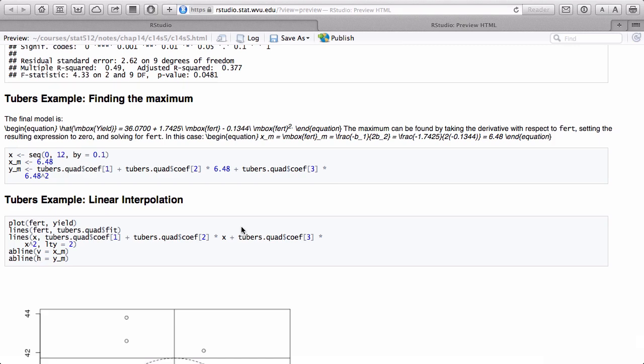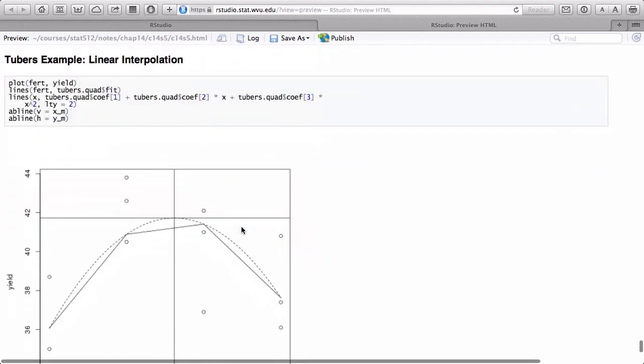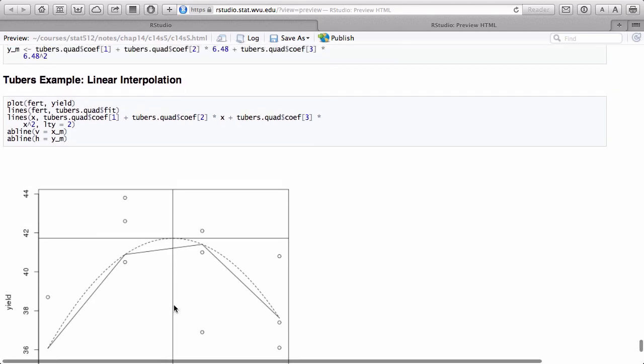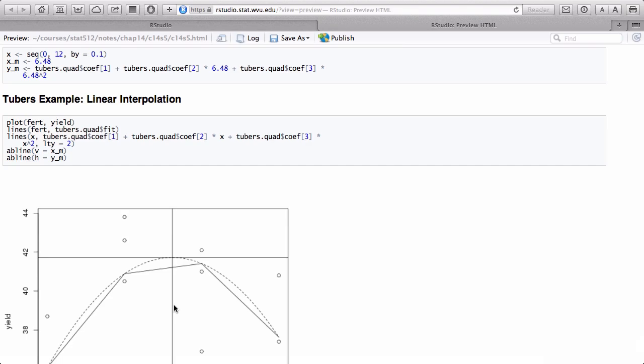I'd like to find the fertilizer amount that corresponds to the maximum yield. Now, as you can see, this is really not the maximum, nor is this. If the true quadratic model looks like the dashed line, then the maximum is not here or here, but it's someplace here. Now how can you find the maximum?